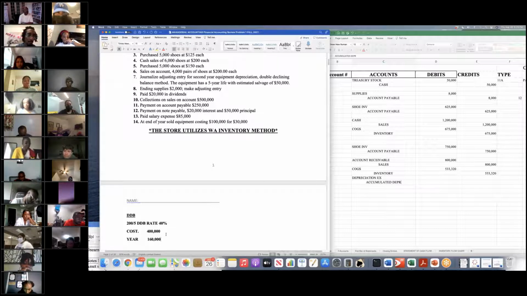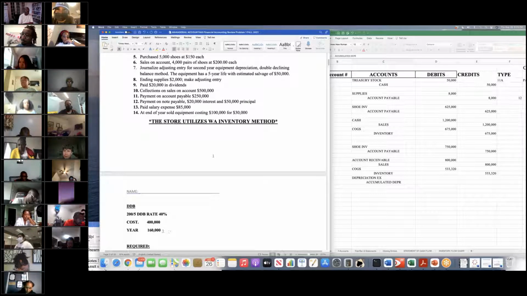So we simply would have taken 40% of the 400,000. So when we get to year 2, that leaves us with a net book value that we can depreciate after that of $240,000.